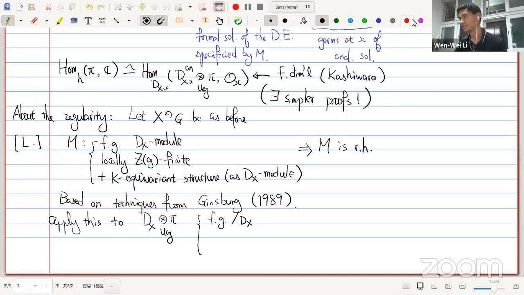So the first assumption is easy. And the final assumption, K equivariance, is also easy because it comes from the K part of the GK module structure, because pi is a GK module.